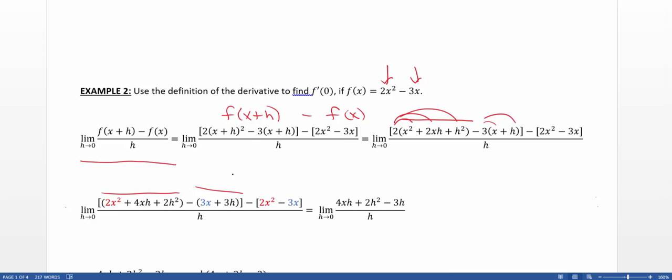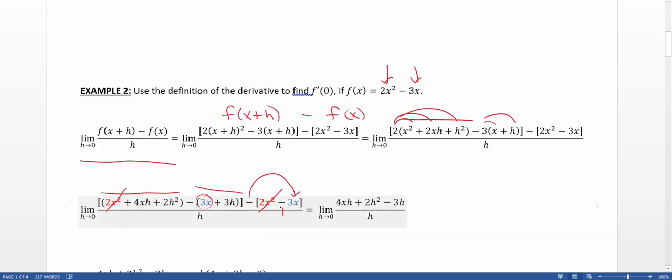I want you to notice that the first parenthesis has a 2x squared, and the very last parenthesis had a minus 2x squared. So those two terms are going to cancel each other out. Similarly, we had a minus 3x from the first part of our term, and then we actually have a plus 3x over here.